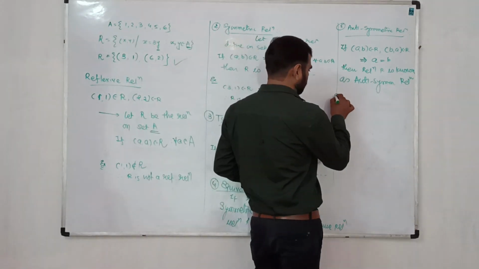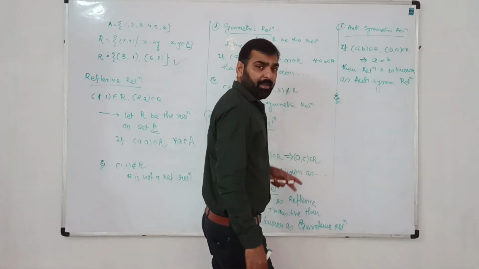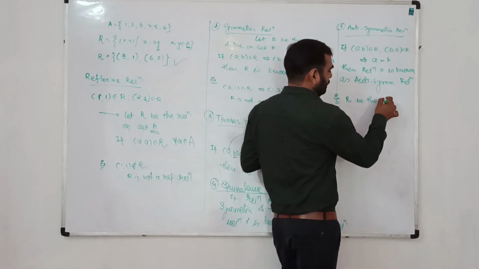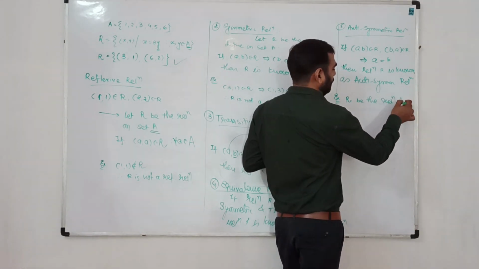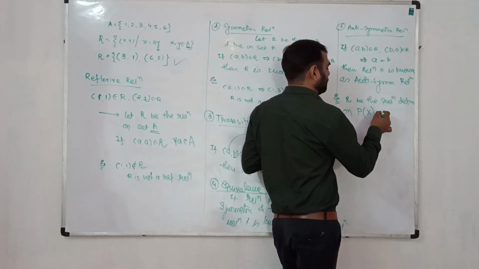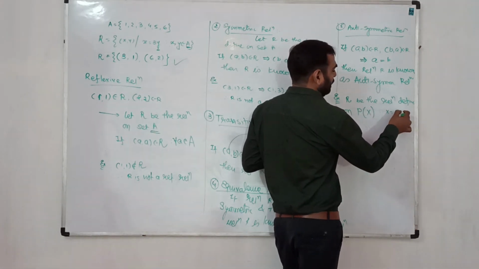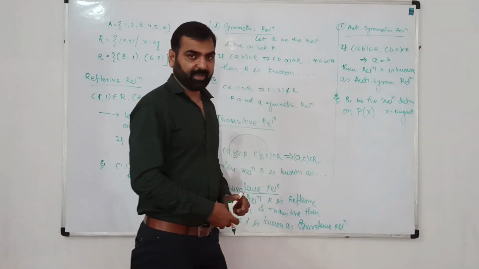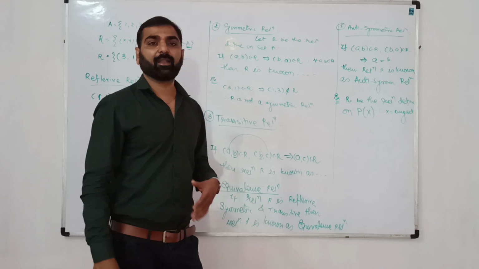As an example, we can make an example. Let R be the relation defined on P of X, where X is any set, and P of X is the power set of X. Power set of X means set of subsets.